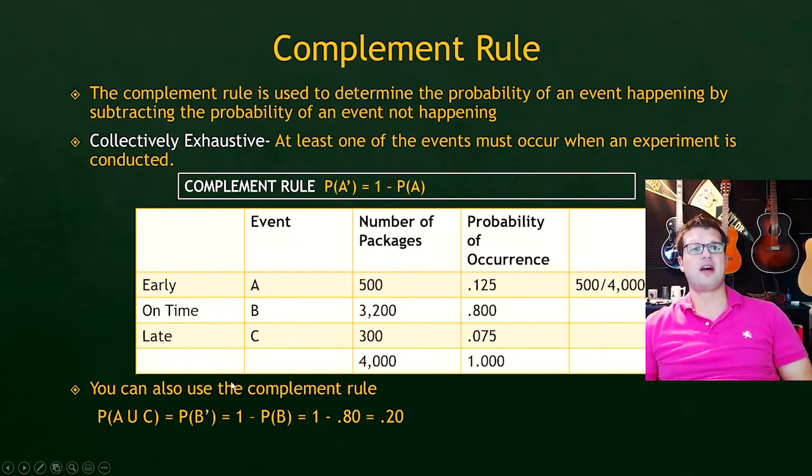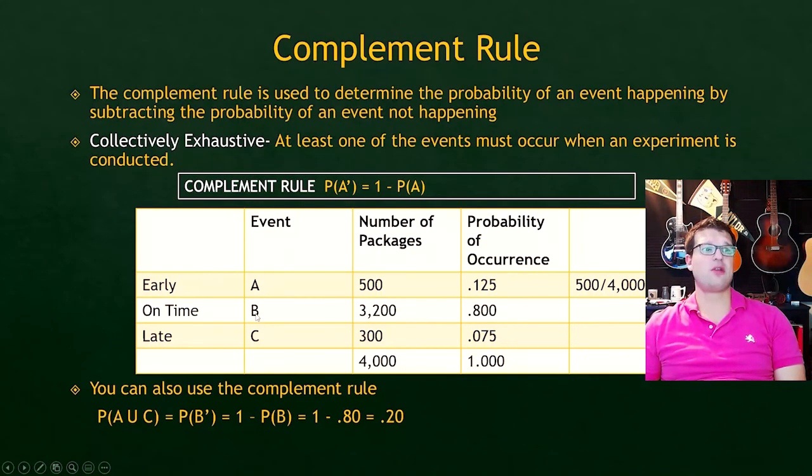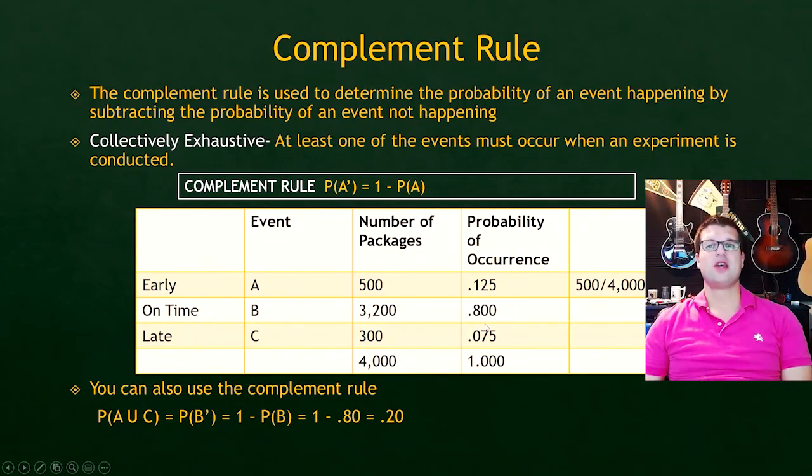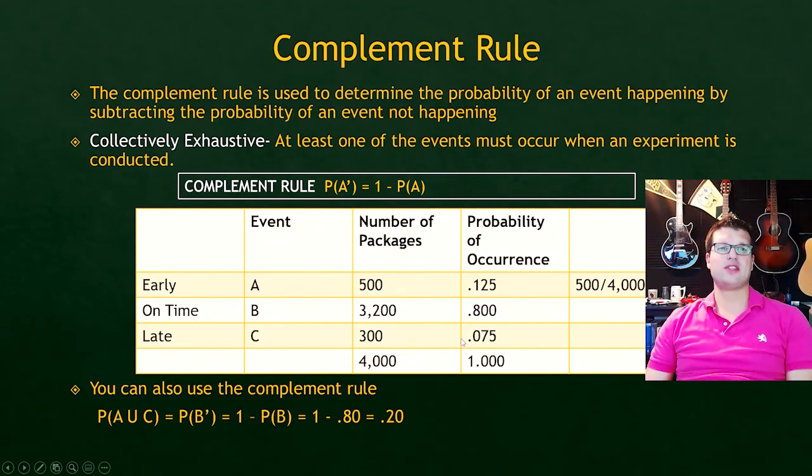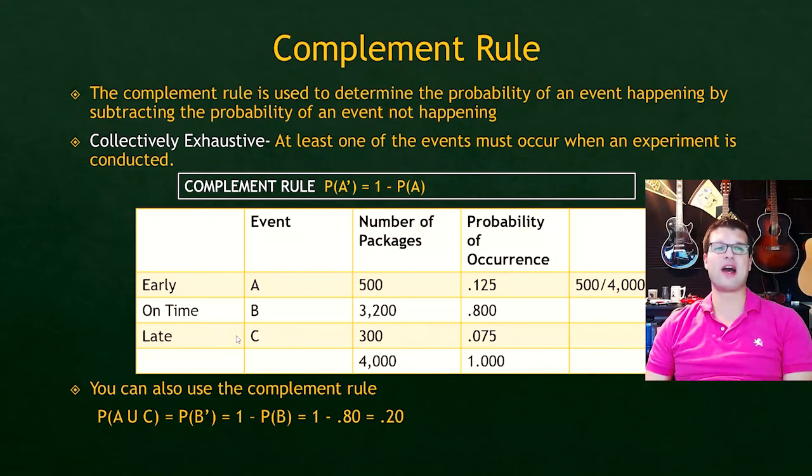Okay. What is the probability of B not occurring? That's going to be 1 minus the probability of B occurring, so that would be 1 minus 0.8, so that would be 0.2 is the probability of B not occurring. Okay, and then what's the probability of C not occurring? Same thing, 1 minus 0.075, so it's going to be 0.925. And so you can also use the complement rule.